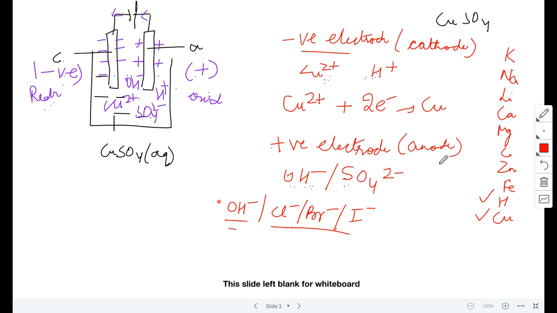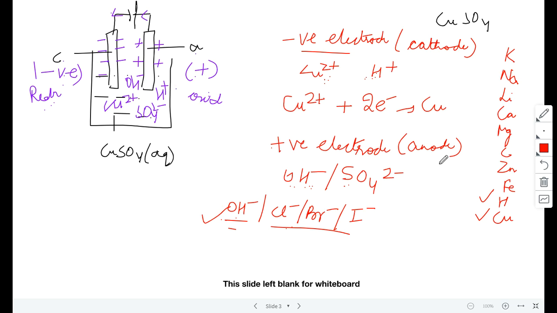Otherwise, OH negative will go. If halide ions are present, then halide ions are preferred. But if OH is present and no halide ion is present, then OH will be discharged and the reaction can take place.